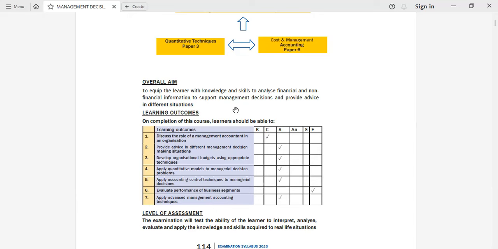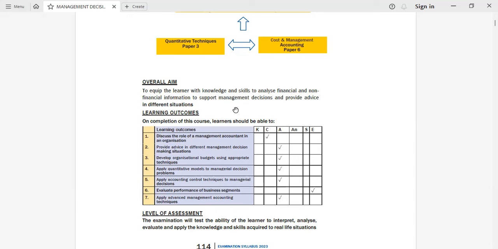These are the things that, by the time you finish the MDC paper, we expect you to have achieved at least some of them. And if you have not achieved anything, you may find that you will not even pass the paper in the first place. So that's how it is.